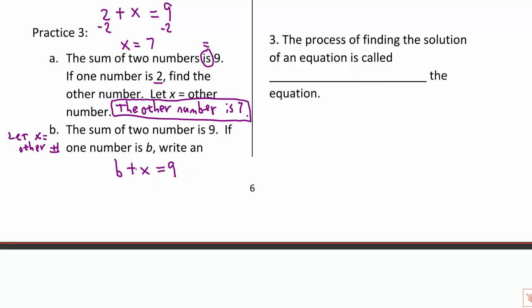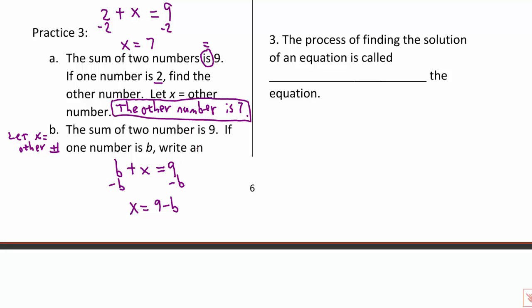Now this b is being added to the x and it's a positive b. So to get rid of it, what do I do? Right, just like what we did up here by subtracting 2 from both sides, we can do down here. I can subtract b from both sides. That means that x is equal to 9 minus b.